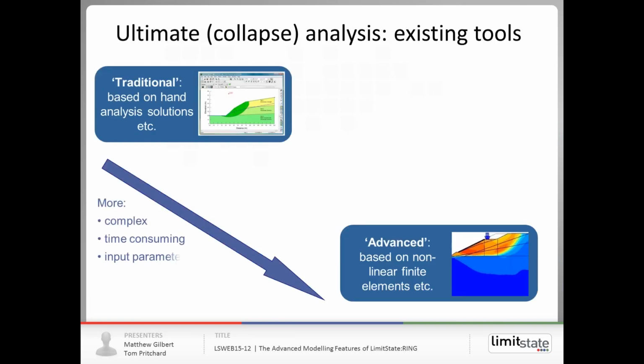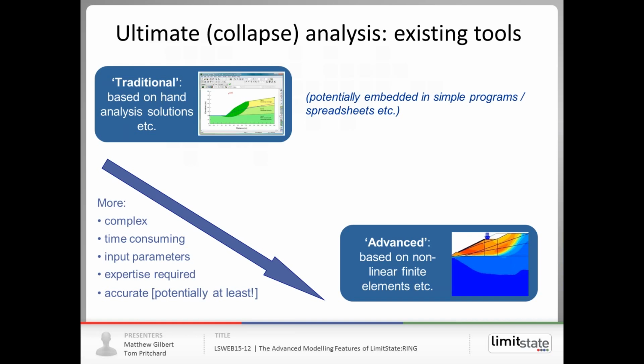Okay, so if we just step back and look at the ultimate or collapse analysis tools that are available to engineers, basically they fit in two camps. Either hand calculation camp, where we might now be talking about tools which are embedded in a simple program or spreadsheet. So that's one end of the spectrum. And then at the other end, we could use, for example, something like non-linear finite elements or discrete elements in order to do our analysis.